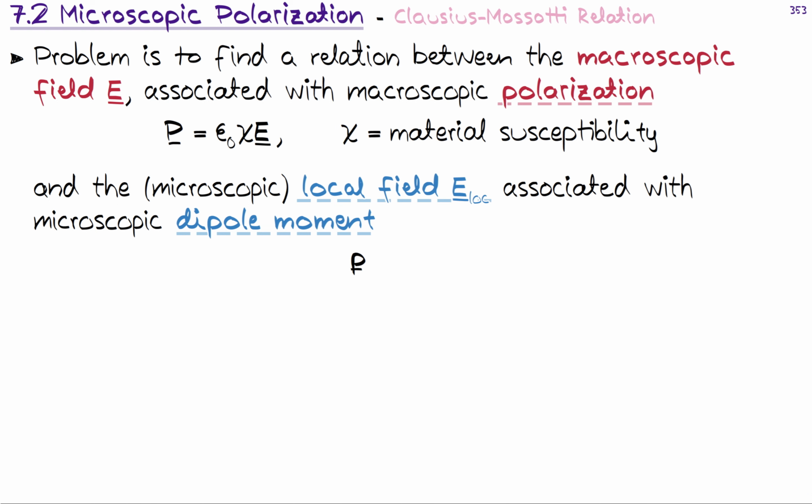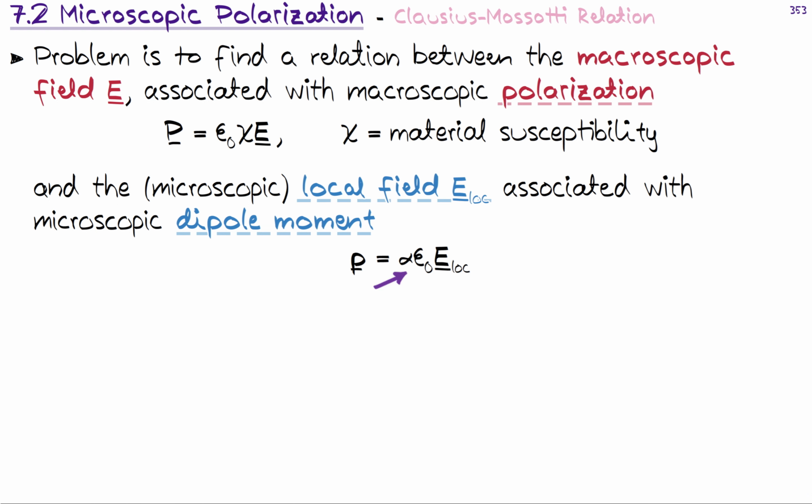We have the equation for the material polarization above, and then an equation for the microscopic dipole moment, small p, which is equal to the molecular polarizability alpha times epsilon naught times the local field felt by this molecular-sized object that is described by the molecular polarizability.